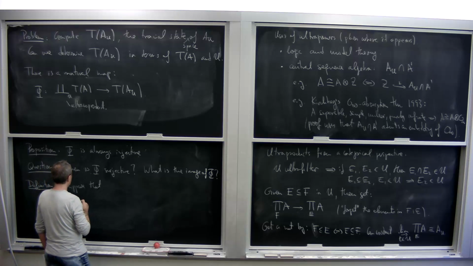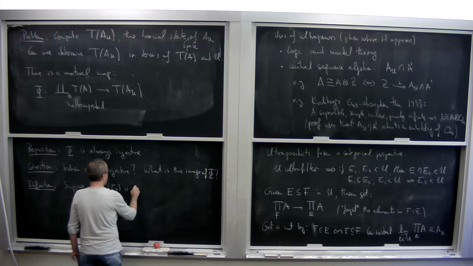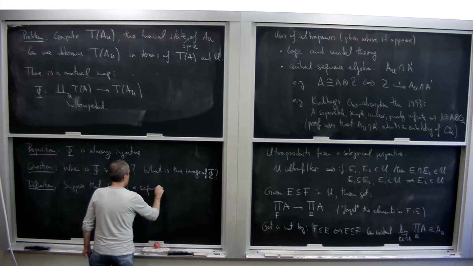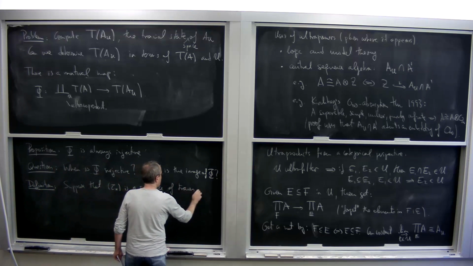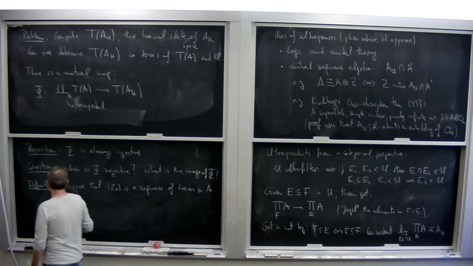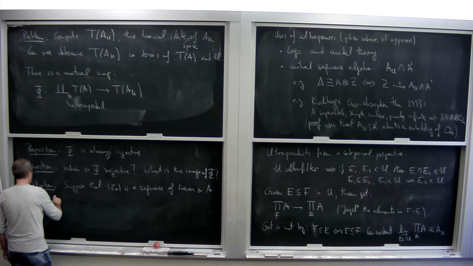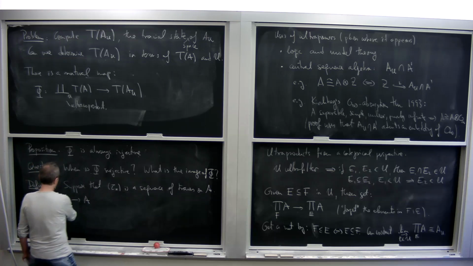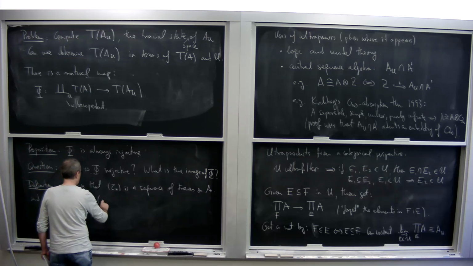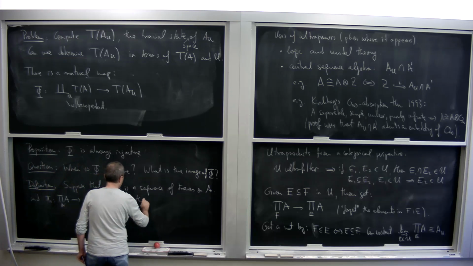So suppose that tau n is a sequence of traces on A, and if we take now pi n, the projection from the product of A's to A, so that's a projection onto the nth coordinate.